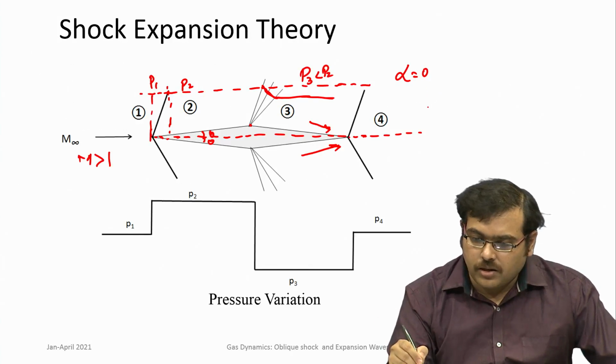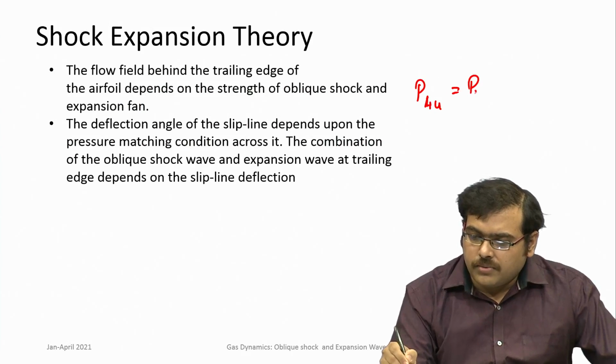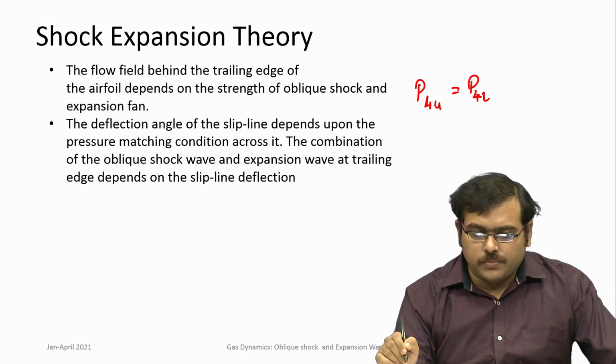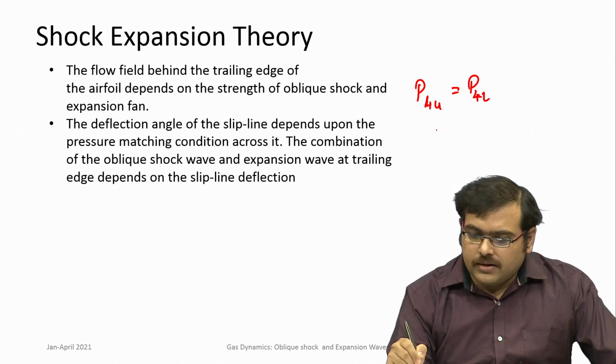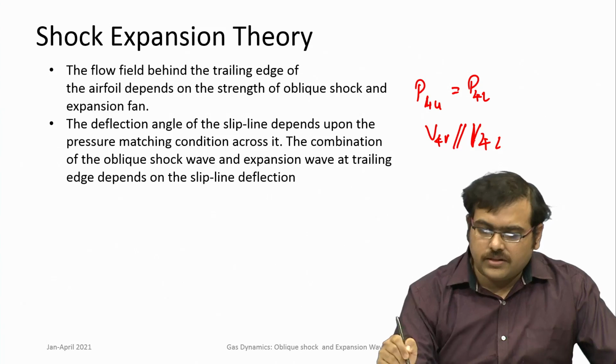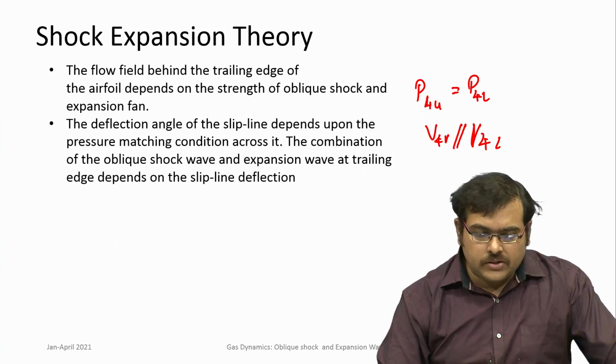Here the nomenclature is 4 in the region 4. So, P4 upper is equal to P4 lower, these two pressures should be the same, and the velocities have to be parallel to each other. V4u is parallel to the lower surface. These two are the conditions that you can apply at the trailing edge.